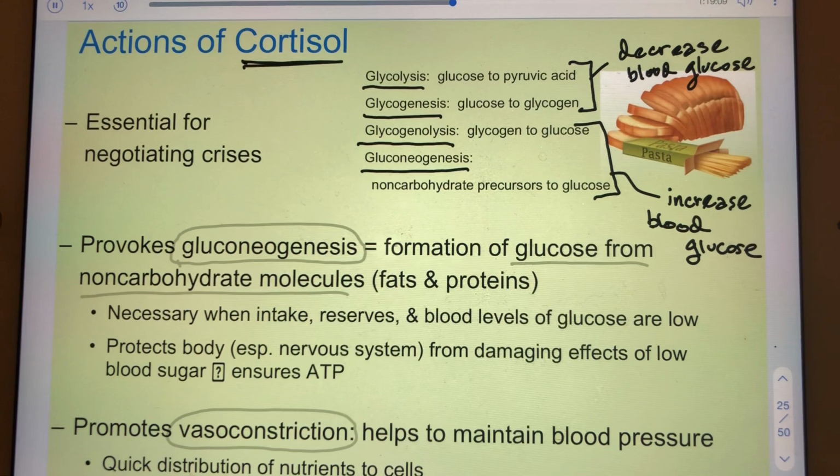Cortisol specifically promotes gluconeogenesis. Therefore, does cortisol decrease or increase blood glucose? It increases, right? Specifically by promoting the formation of glucose from non-carbohydrate precursors.